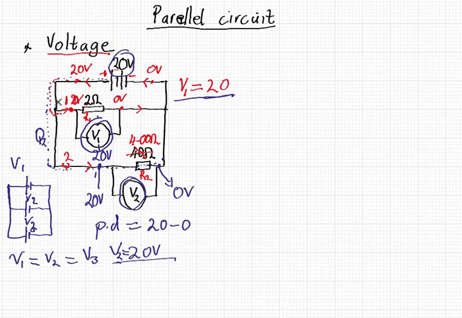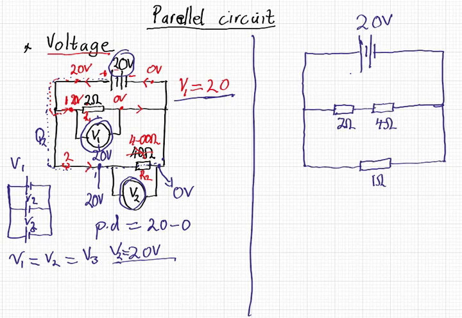Okay, let's do another example where we have more than one resistance here and see what happens in that case. And I want to emphasize something here. Well, here is another example. We remember we are still on voltage in parallel circuits, right?